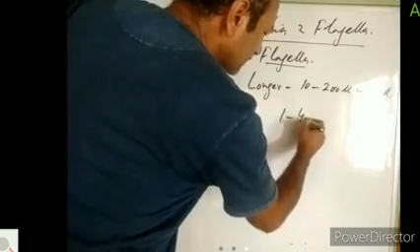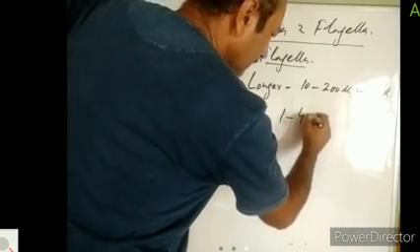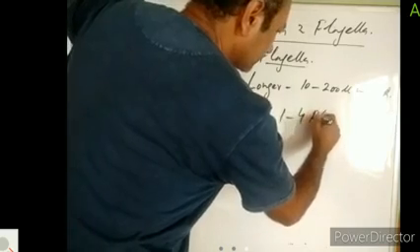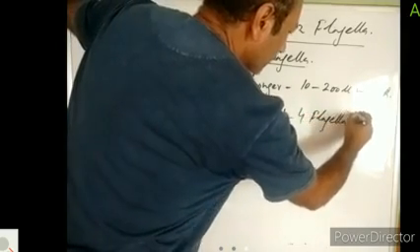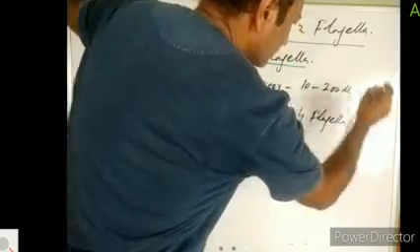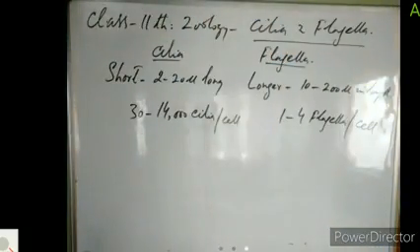There may be 1 to 4 flagella per cell only, right?